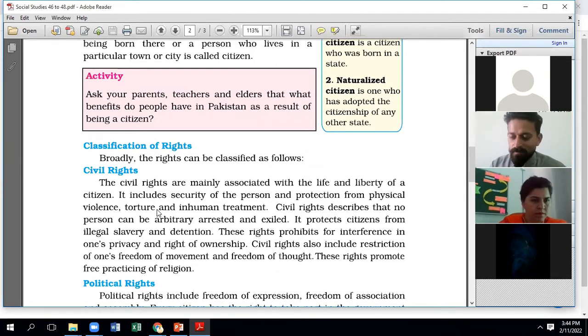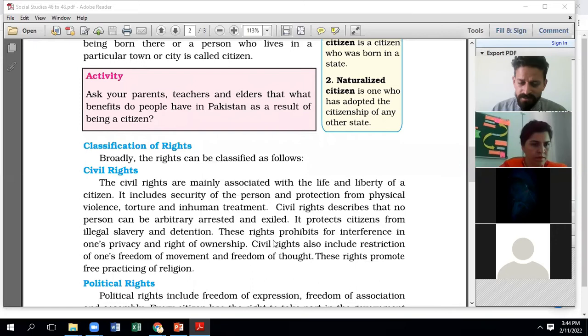Let's stop. We had a kind of discussion before. I was asking whether arbitrary arrest and exile is encouraged or discouraged by law. So, what's your opinion now? Everyone's opinion now. Is it encouraged by law or discouraged by law?